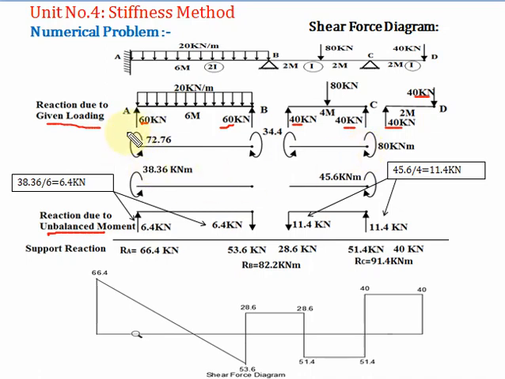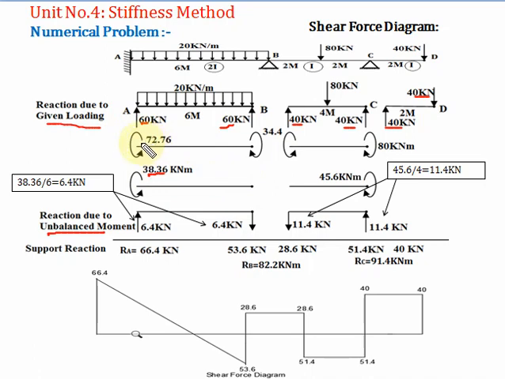Why is it shown anti-clockwise and why clockwise? When the end moment is plus, we show it by the anti-clockwise direction, and when the end moment is minus, we show it by the clockwise direction. Now here there are two moments, so we'll find the unbalanced moment.